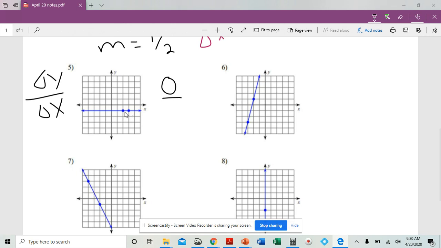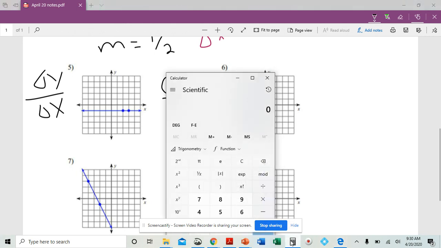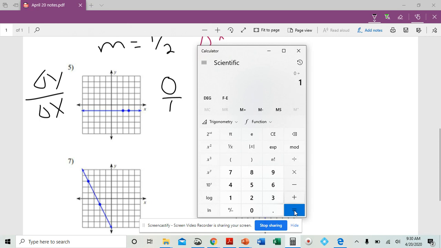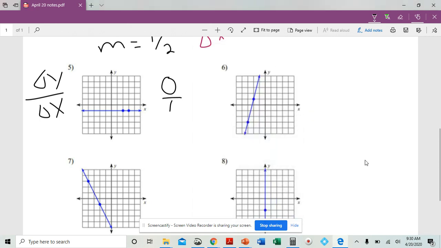Well, it looks like we move 1 unit. So 0 over 1. So have your calculator ready. 0 divided by 1 is going to be 0. So the slope of number 5 equals 0. That's a good one just to start with, because anytime that you see this horizontal line, you know that you're going to have a slope of 0.